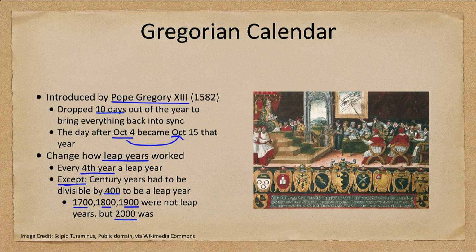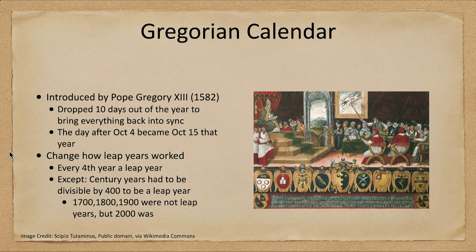So that keeps everything from changing as much and leads to a much more accurate approximation. Is it perfect? No, but now it will take tens of thousands or even 100,000 years for it to really start to get too far out of whack. So this is the current calendar that we use, and the adjustment was made just for the century years, so that only 3 out of every 4 century years would be a leap year.